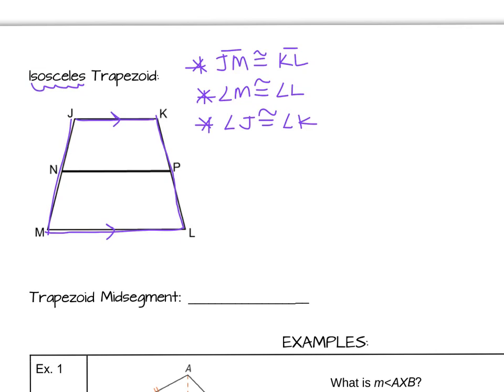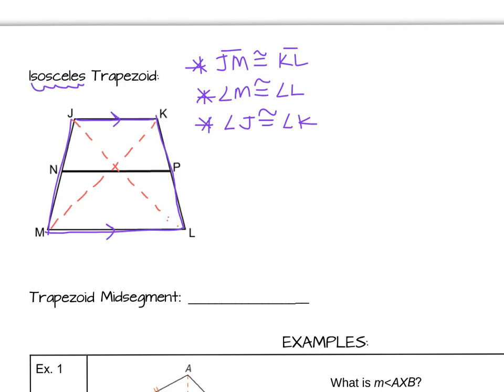Something new that we haven't drawn in yet in this lesson would be the diagonals. So let's take a dashed segment and connect from J all the way down to L. That's diagonal JL. And let's go in the other direction from M to K. Same thing, like so.